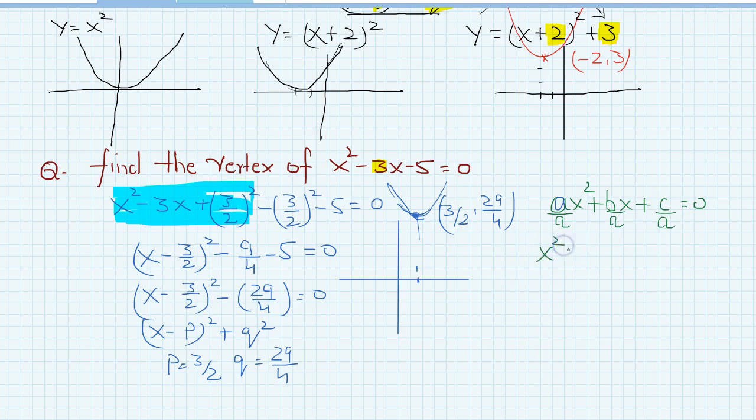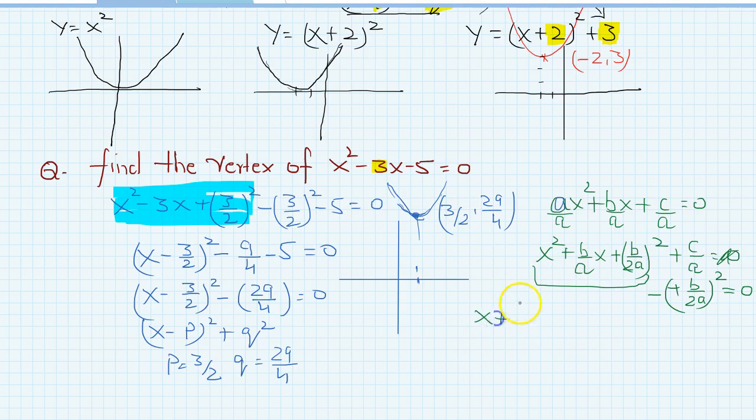So this is x square plus b over a x plus c over a is equal to 0. Now I have to use the method of completing the square. So I add (b over 2a) square, and I have to subtract it here also, minus (b over 2a) square is equal to 0.